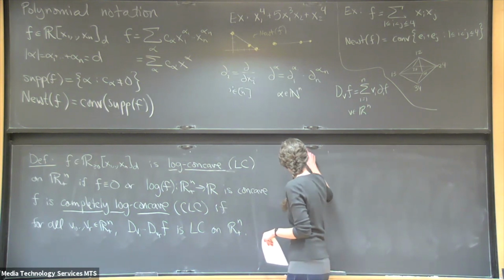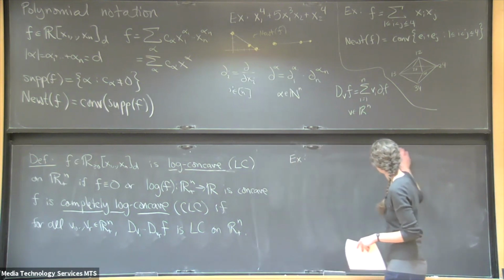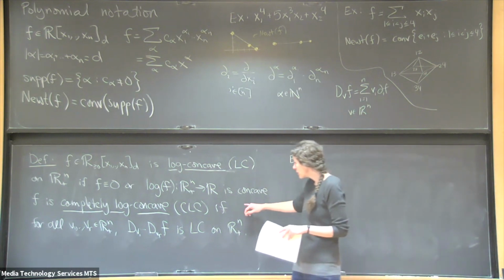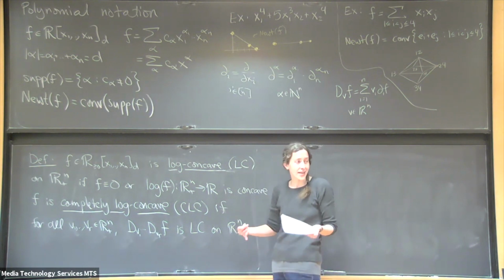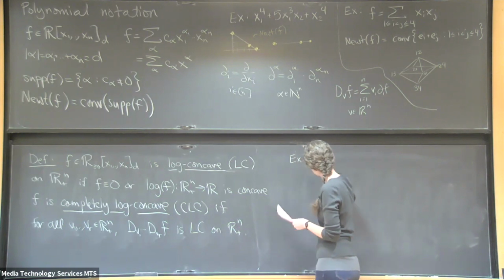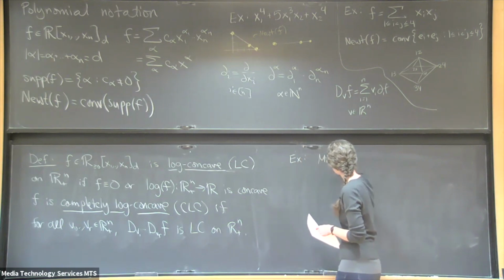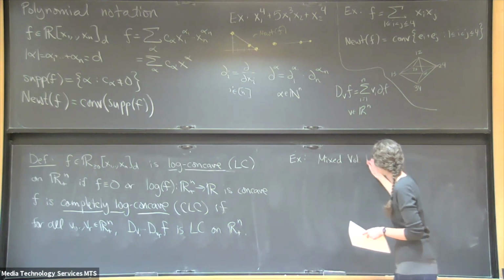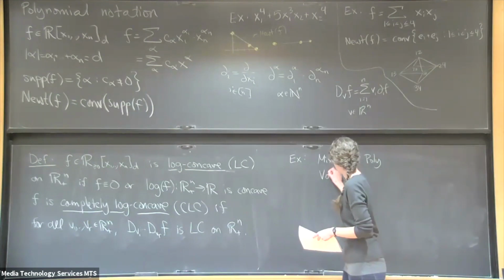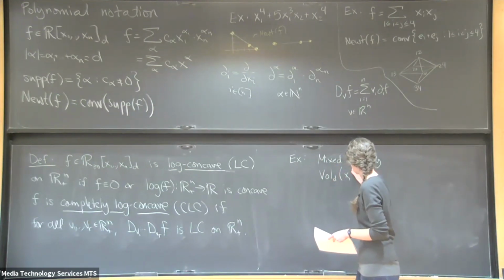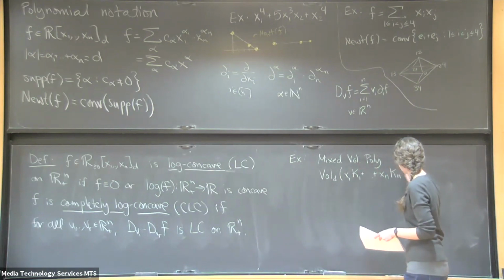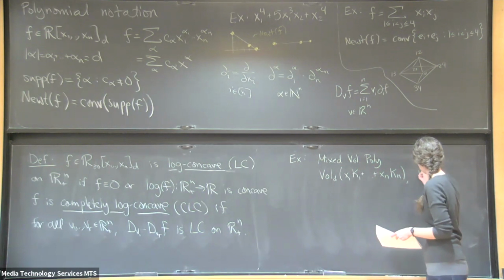And some of the motivation: one reason to look at such a thing is that it actually contains a lot of nice examples, including, by the generalized Brunn-Minkowski theorem, mixed volume polynomials. You take the volume of x_1 K_1 plus through x_n K_n, where each K_i is a convex body.